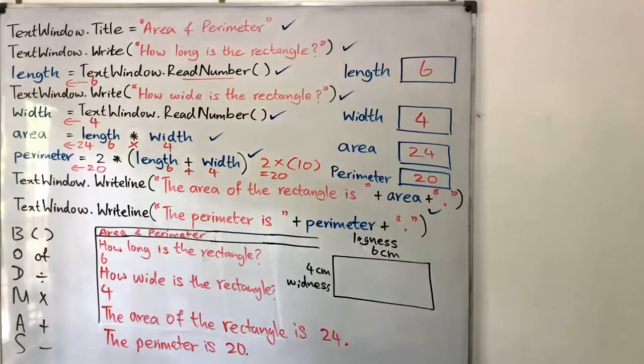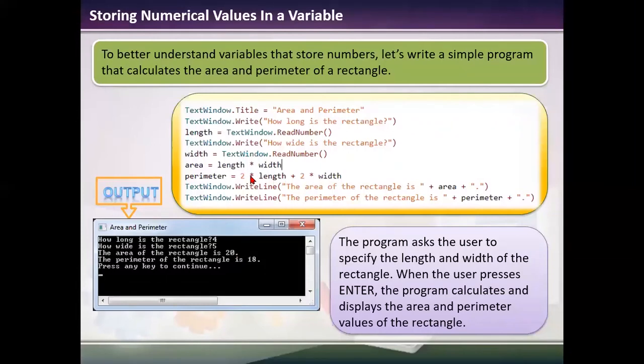I used a simplified version of that expression. I put length and width inside the bracket, and after the addition of length and width, I multiplied that value by 2. Same expression.